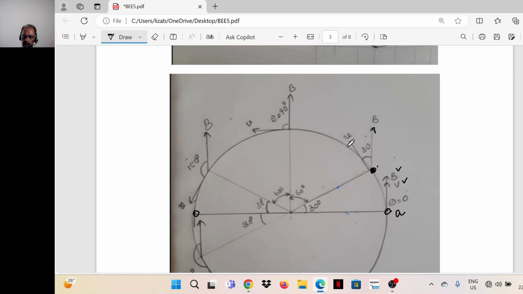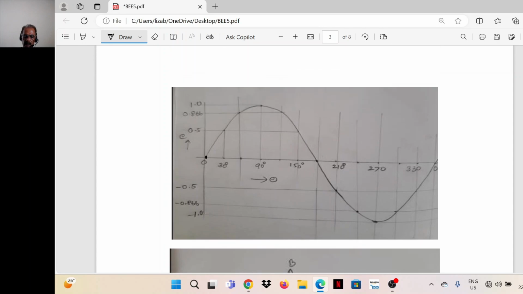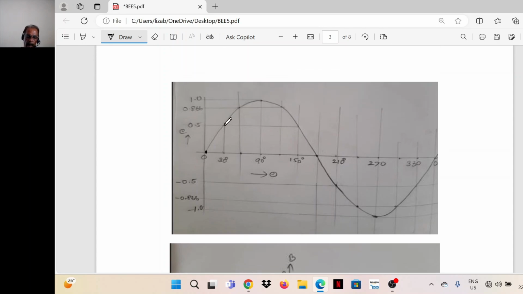So the angle between B and V is the same as the angle between these two lines, because B is perpendicular to one line and V is perpendicular to the radius vector. The angle between the two lines, 30 degrees, is the same as the angle between their perpendiculars. So this angle also will be 30 degrees. Now the induced EMF at this position is BLV sin 30. This is the induced EMF.